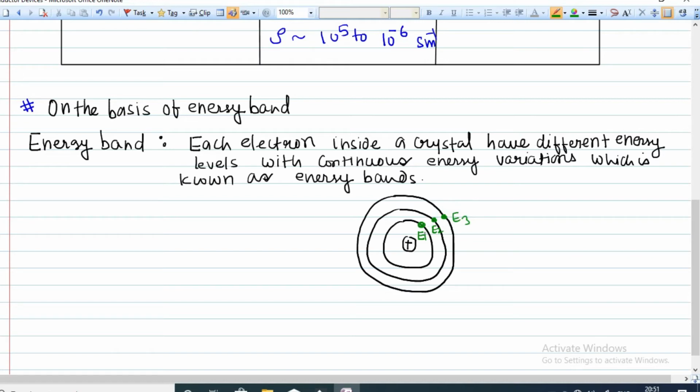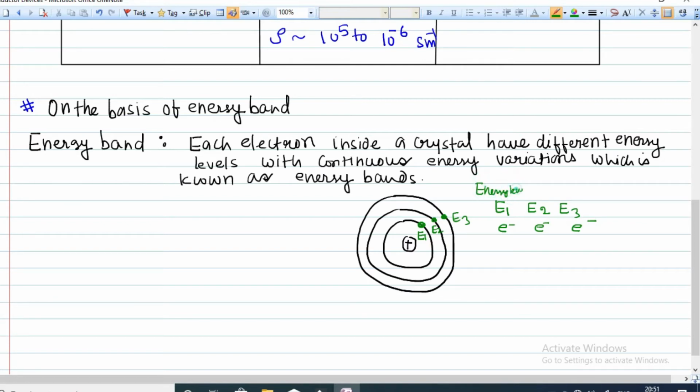Each electron has a different energy. E1, E2, and E3 are all different. The electrons in the first, second and third orbits all have different energy levels, and E1, E2, and E3 are known as energy levels.